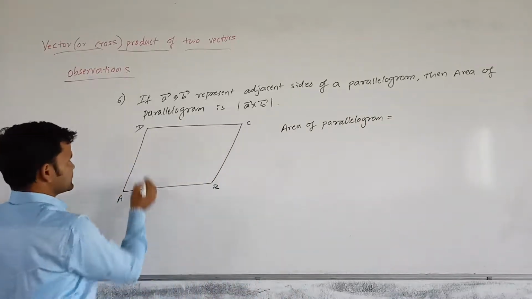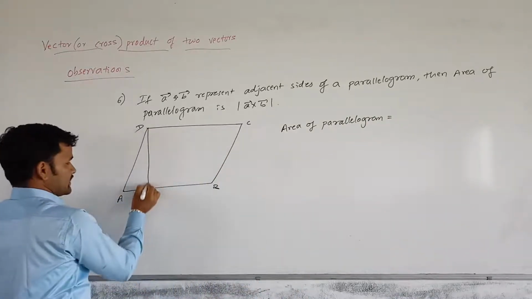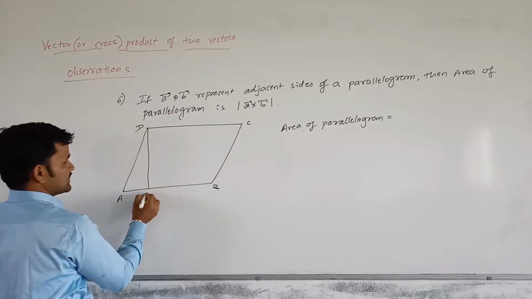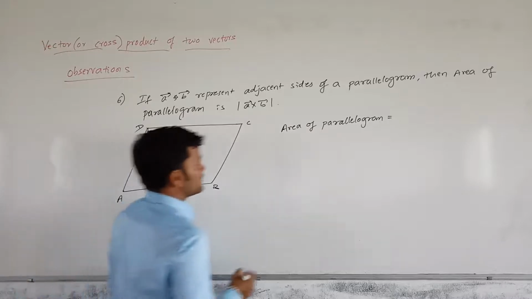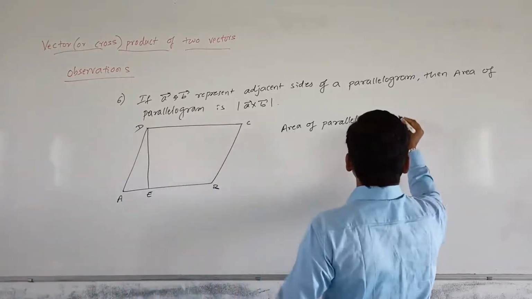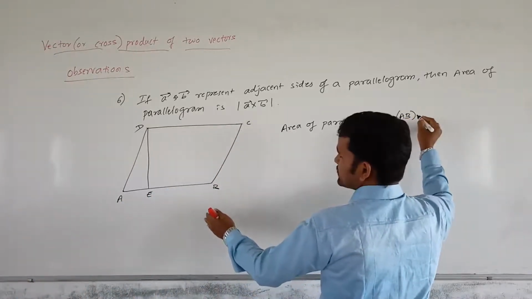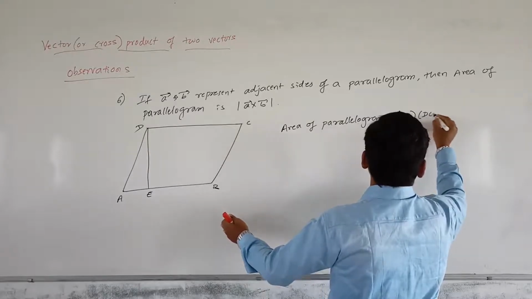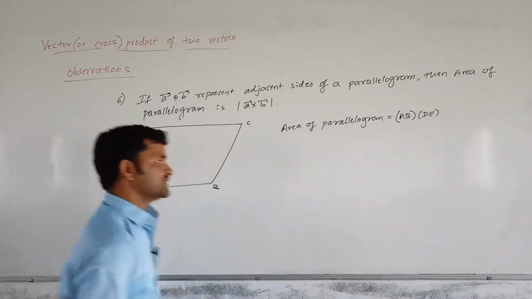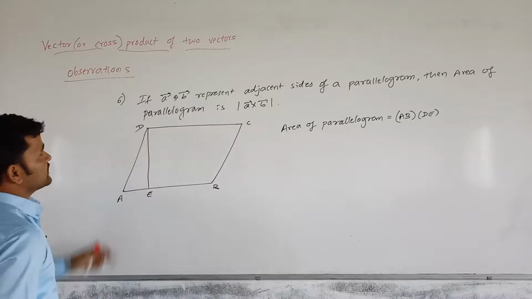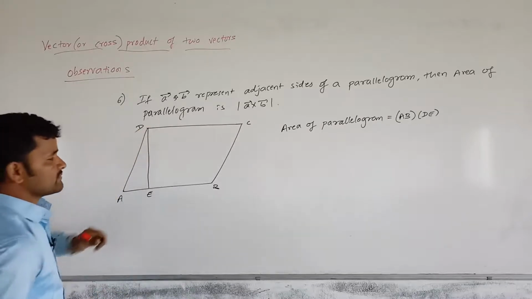I will take this height like this, and the foot on AB I will call E. It is nothing but base AB into height DE.